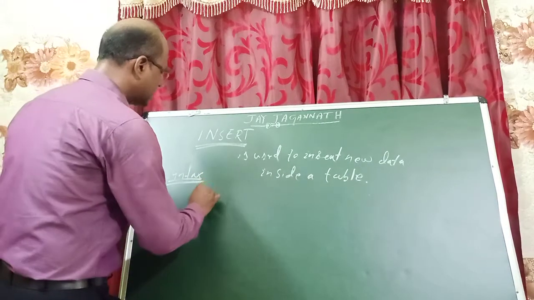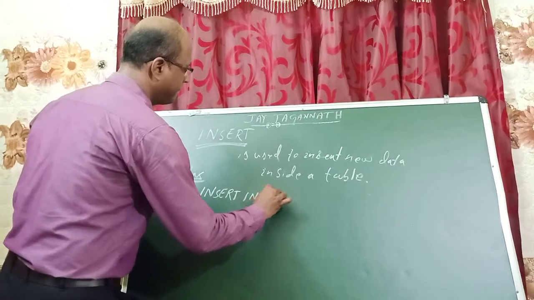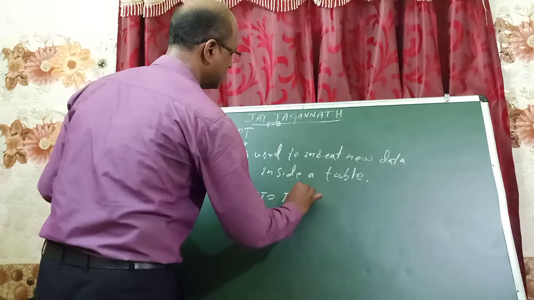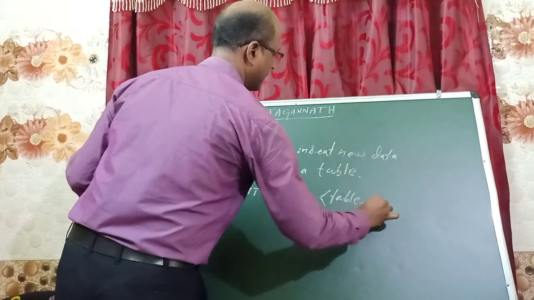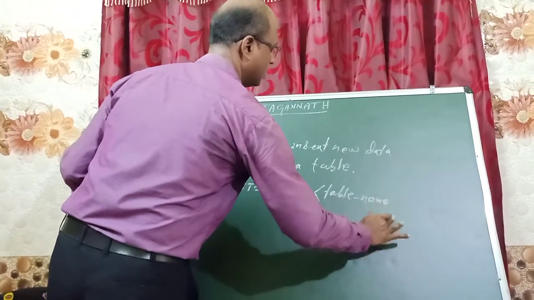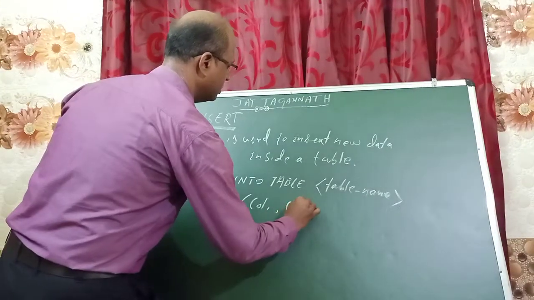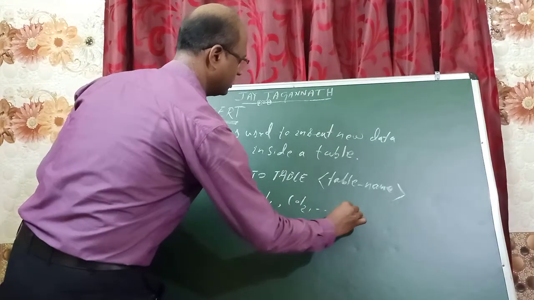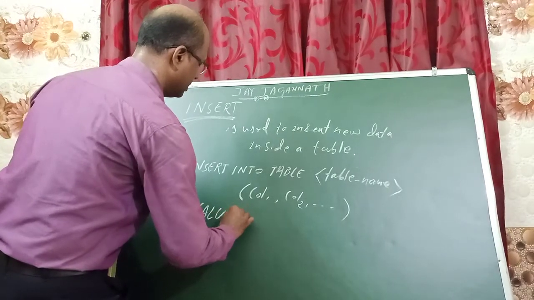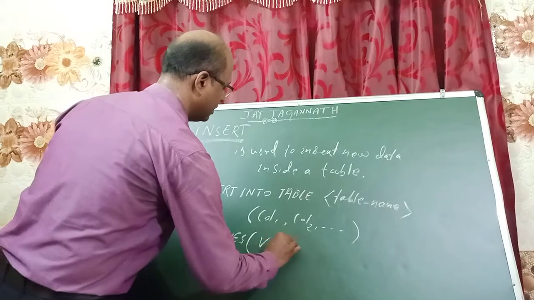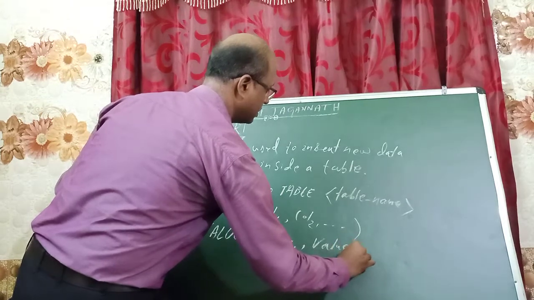First of all, insert into table, table name, column 1, comma, column 2, comma, dot, values, value 1, value 2, dot.